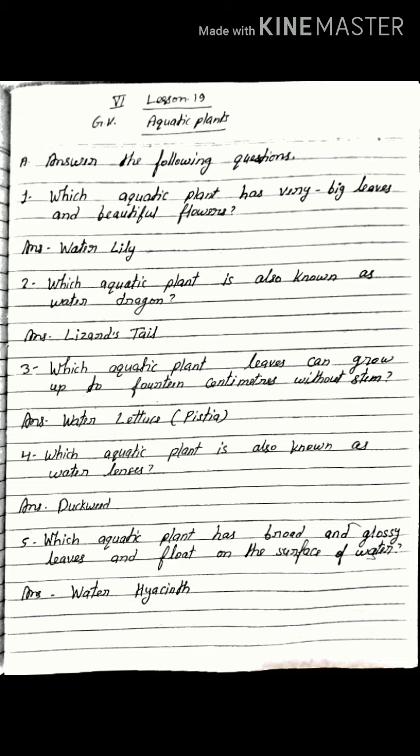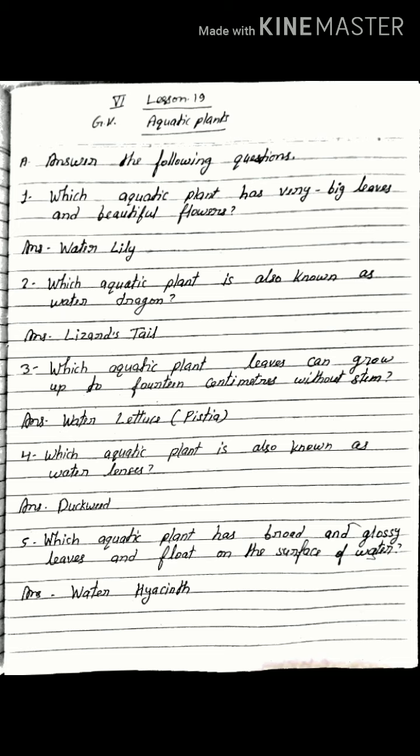The answer is water lily. Question number 2: which aquatic plant is also known as water dragon? The answer is lizard's tail. Question number 3: which aquatic plant's leaves can grow up to 14 centimeters without a stem? The answer is water lettuce, and this plant is also known as pistia.